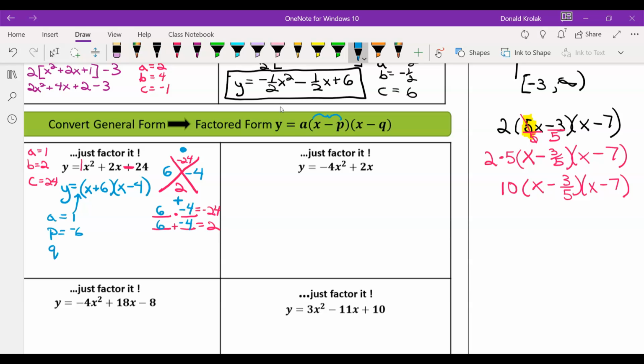And Q is... Now, the other way to think about that, to get P and Q, is what makes this equal to 0? Negative 6. What makes this equal to 0? Positive 4. That's your P's and your Q's. So that's pretty simple.